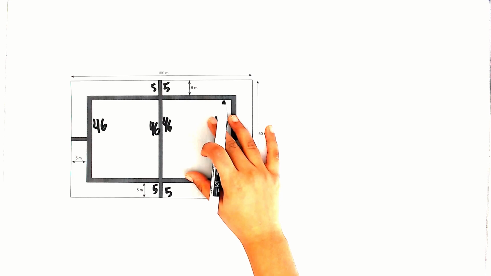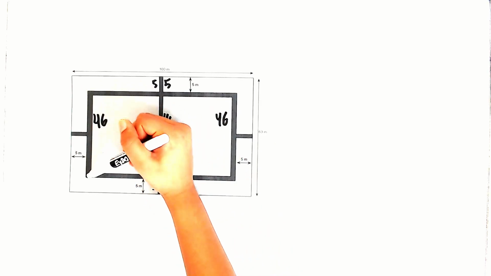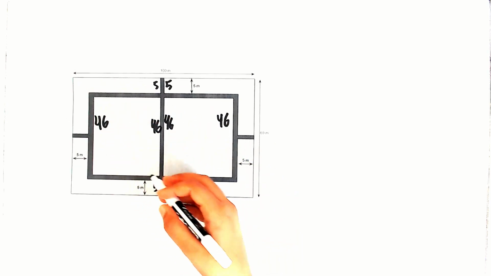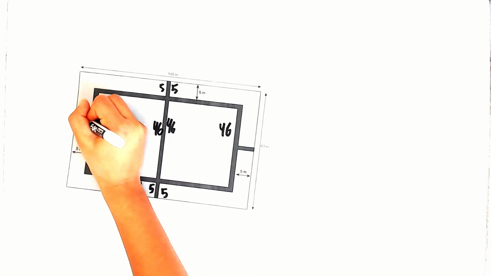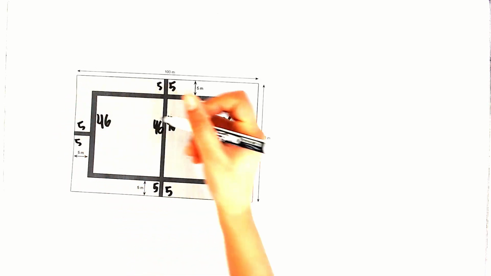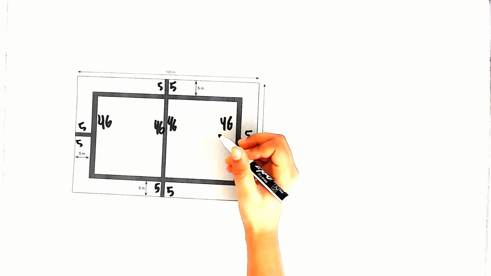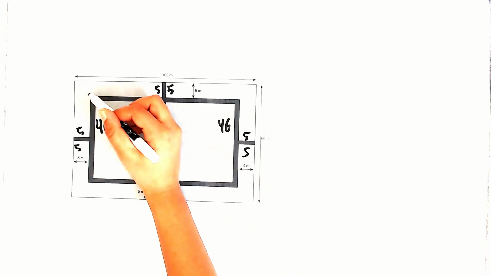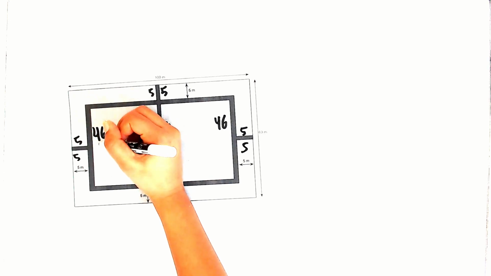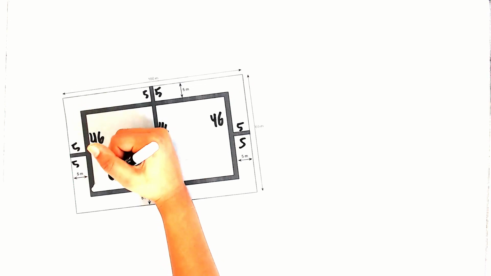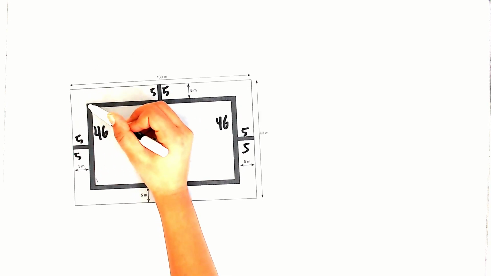Now let's find the length of the outside. If this is 5 meters and this is 5 meters, this would be 5 meters too, right? And this would be 5 meters too. So let's find the outside. So 46, and this would be 46 too, right? No, it isn't, because we have to add 2 and 2.